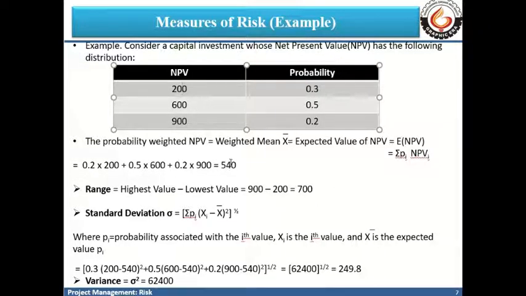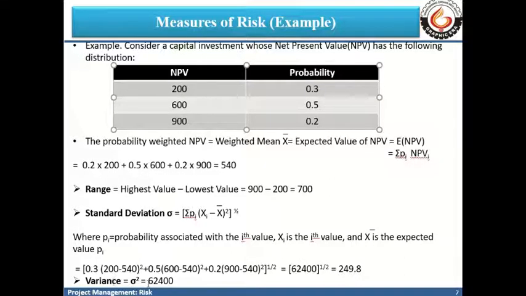We sum them up and then take the final square root to get the standard deviation. In this case it comes out to be 249.8.